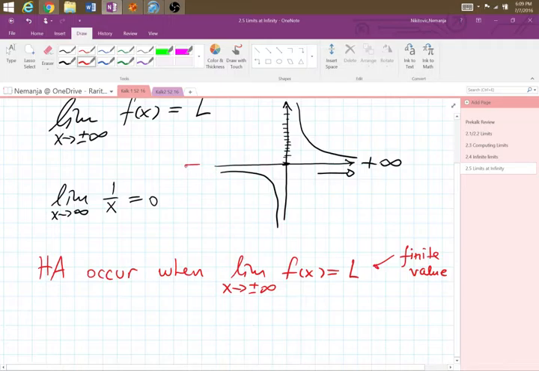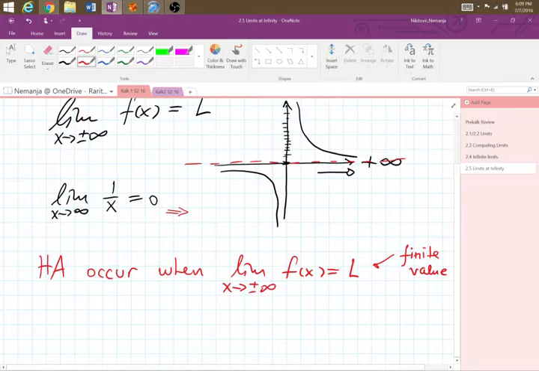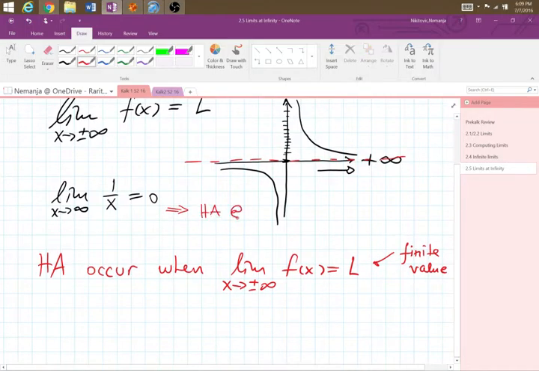So there is a horizontal asymptote there, because as you can see, when it goes to positive infinity, it drops down to 0. 0 is a finite value, therefore the horizontal asymptote is at 0. So we are going to say horizontal asymptote at y equals 0. Again, very important to use proper notation for lines. We have, for vertical lines, x equals a number, and for horizontal lines, y equals a number. So those are the ones that we have.